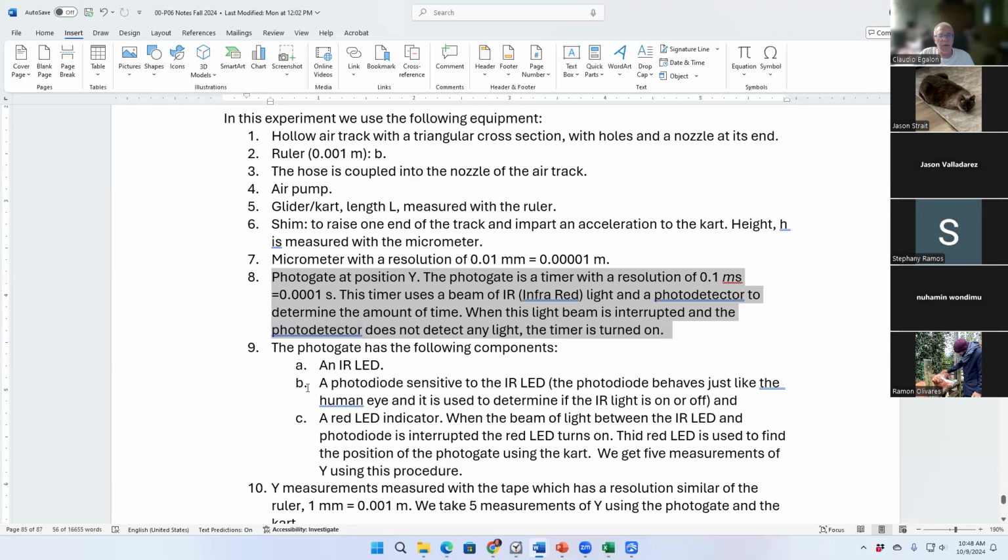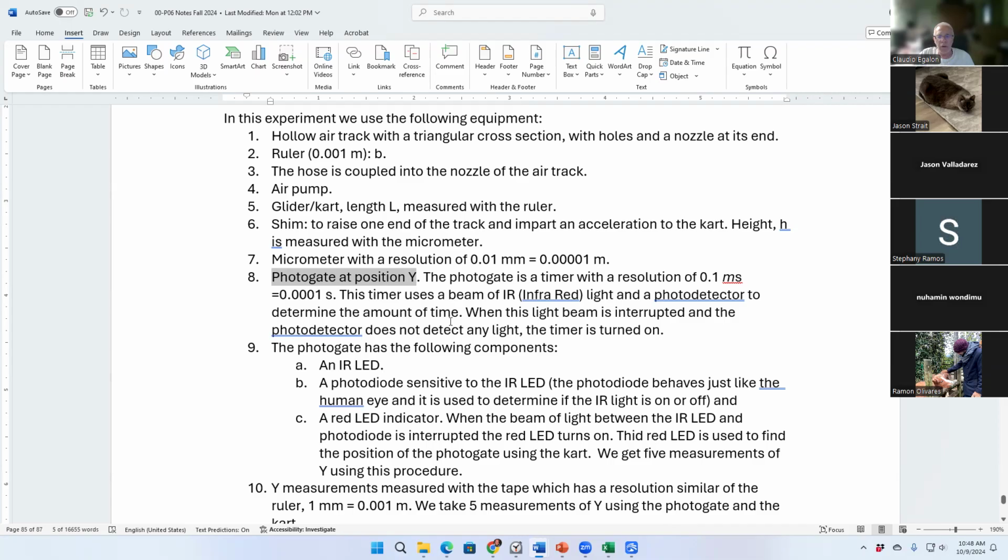Okay, micrometer. Then what else? We're going to use a photo gate. Galileo didn't have a photo gate at his time. This technology was still, let's say, 300, 400 years away from him. What is the photo gate? The photo gate is a timer.